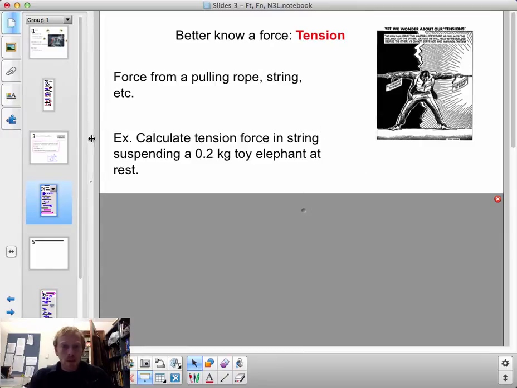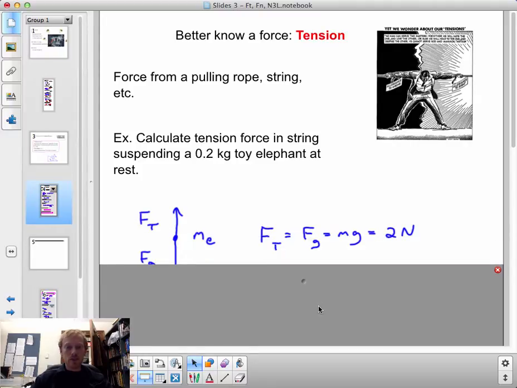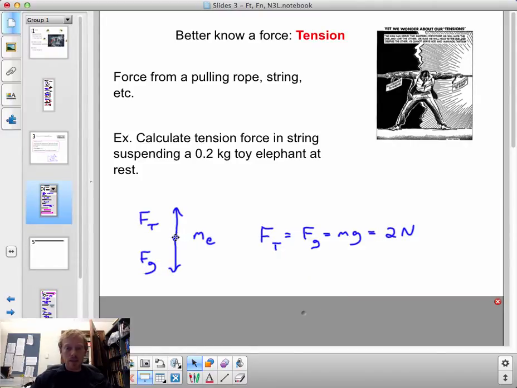Okay, so if I'm holding a string and on the other side of the string is a toy elephant, then I guess I might ask, calculate the tension force in the string if that toy elephant weighs 2 kilograms. Well, let's start by drawing a free body diagram. The mass of the elephant has a tension force up and a gravitational force down.